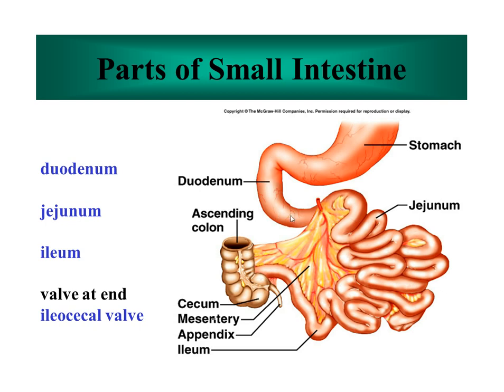And then you have the jejunum, which leads to the ileum, and the ileocecal valve that leads into the cecum. You have mesentery here with these blood vessels.